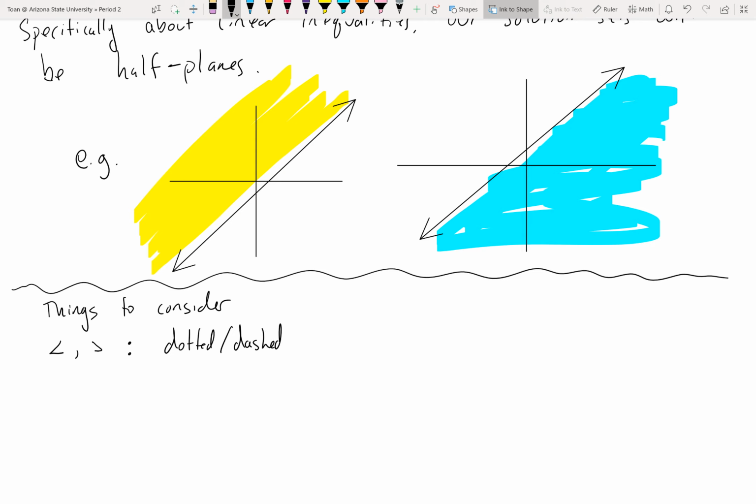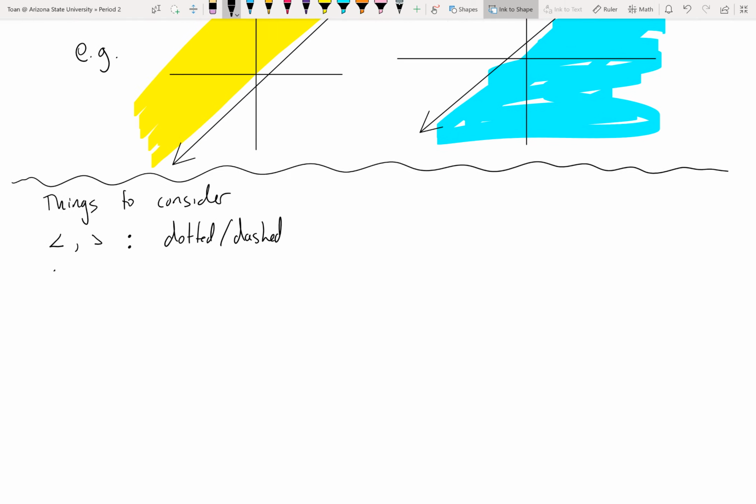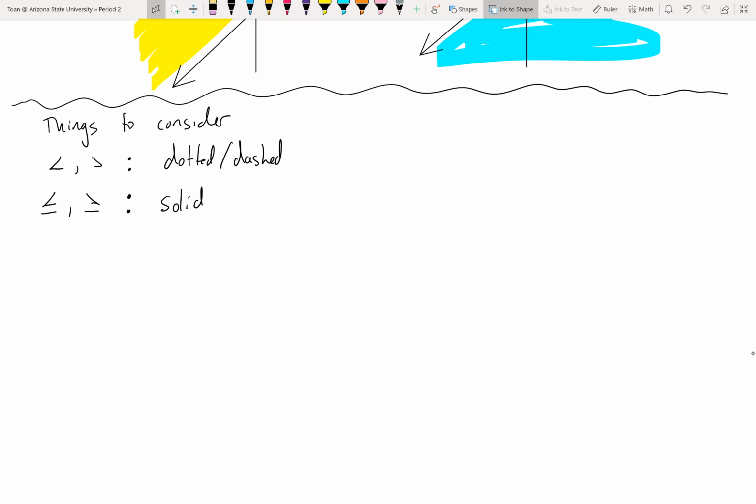That will indicate that the boundary line, the physical line that we're drawing, those points are not part of the solution set. Conversely, if your inequality is inclusive, that is to say it has the or equals to part, these would be solid lines. Where to shade will be dependent on the inequality.